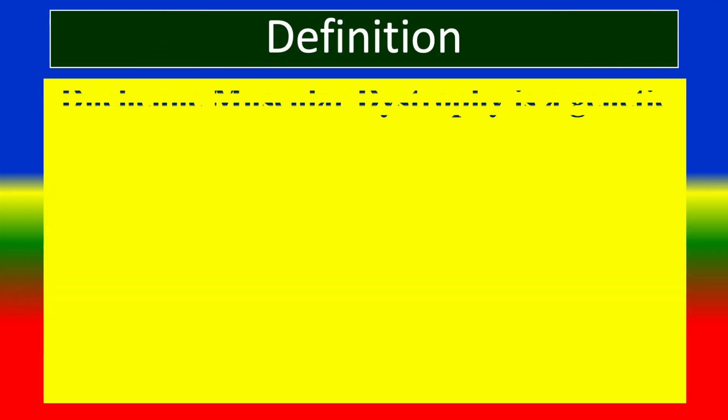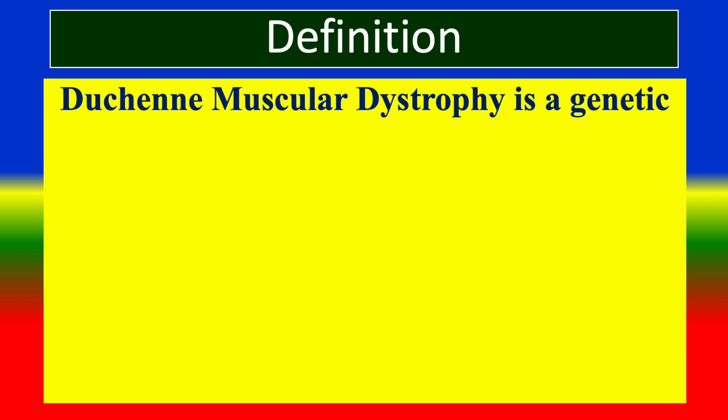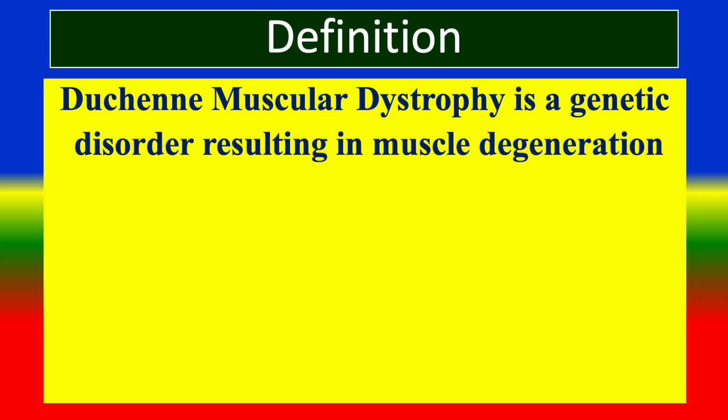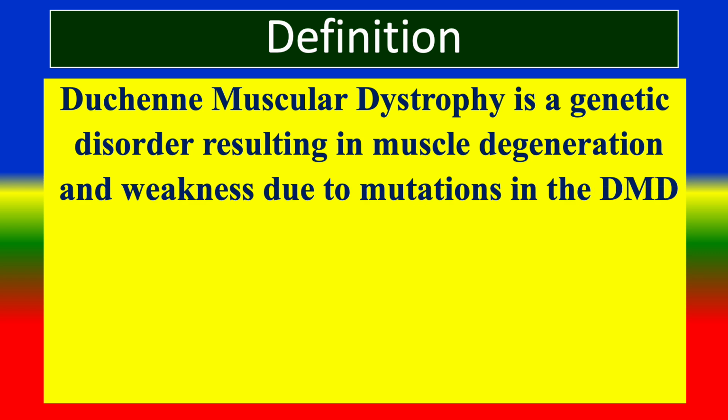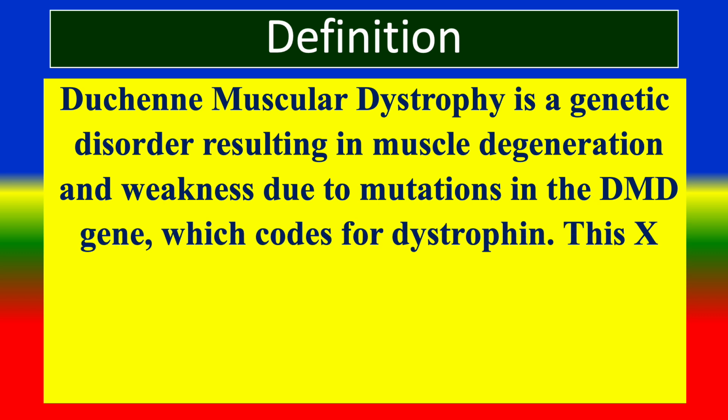A definition. Duchenne muscular dystrophy is a genetic disorder resulting in muscle degeneration and weakness due to mutations in the DMD gene, which codes for dystrophin.